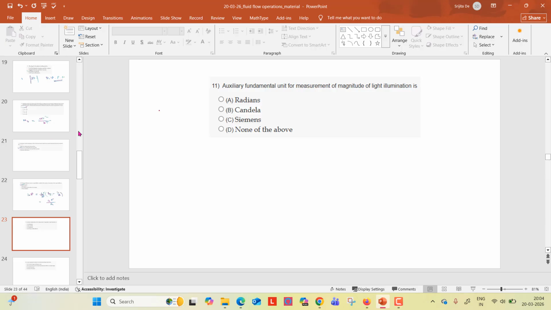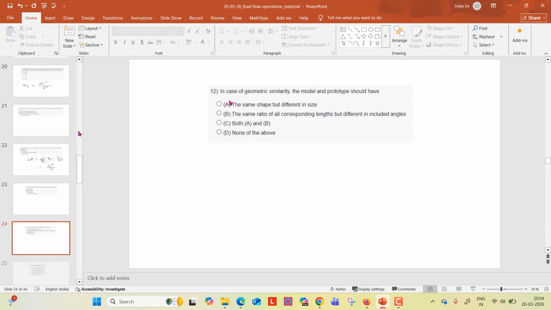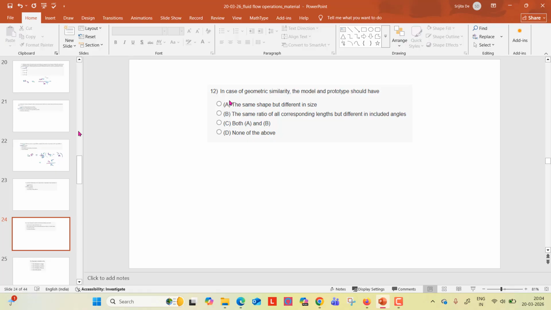Radian is not. Radian is the angle. In case of geometric similarity, the model and the prototype should have the same shape but different in size, the same ratio of all corresponding lengths but different in included angles, both A and B, none of the above.